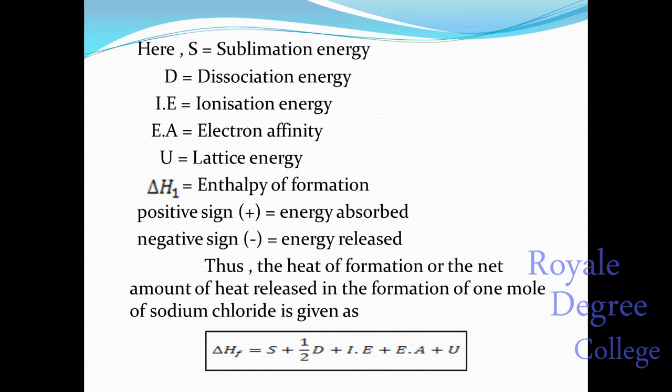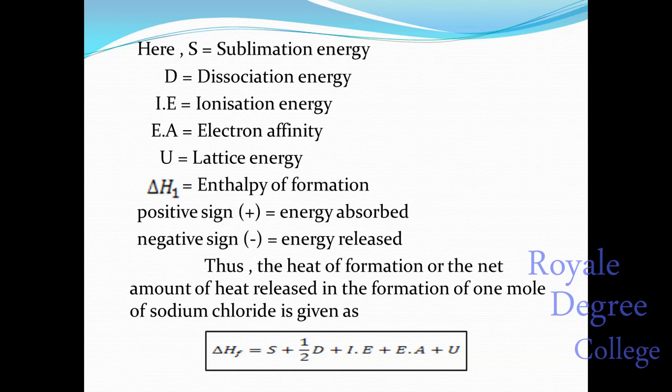Here S is the sublimation energy, D is the dissociation energy, IE is the ionization energy, EA is the electron affinity, U is the lattice energy, and ΔH1 is the enthalpy of formation. The positive sign indicates energy absorbed. The negative sign indicates energy released.